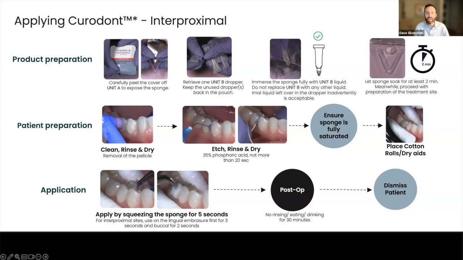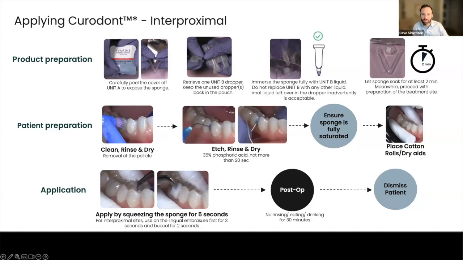And then you etch the area with the normal etch that we all use every day, not more than 20 seconds according to the instructions, and you use some unwaxed floss in the interproximal areas to really floss the etch in between the teeth to make sure that it gets fully applied to the tooth surface. And then, of course, you rinse it off and dry it.